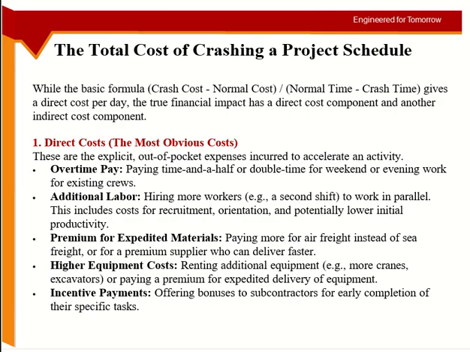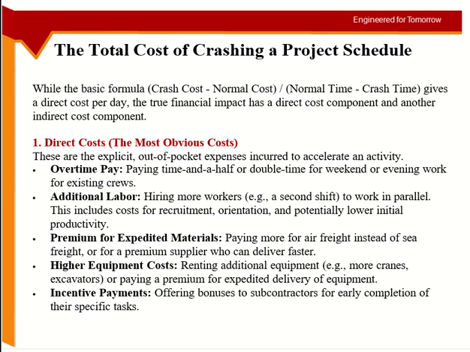I already mentioned the premium fee. So I'm paying the premium fee. This is not the direct cost. For getting the equipment earlier, faster, or the material faster, this is not the direct cost, this is the indirect cost. And incentive payments for subcontractors, I'll give you a bonus if you do it quickly.